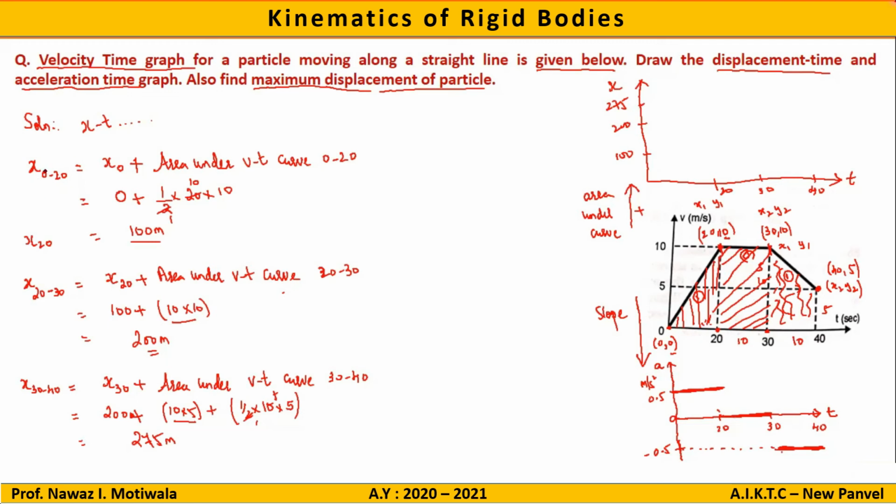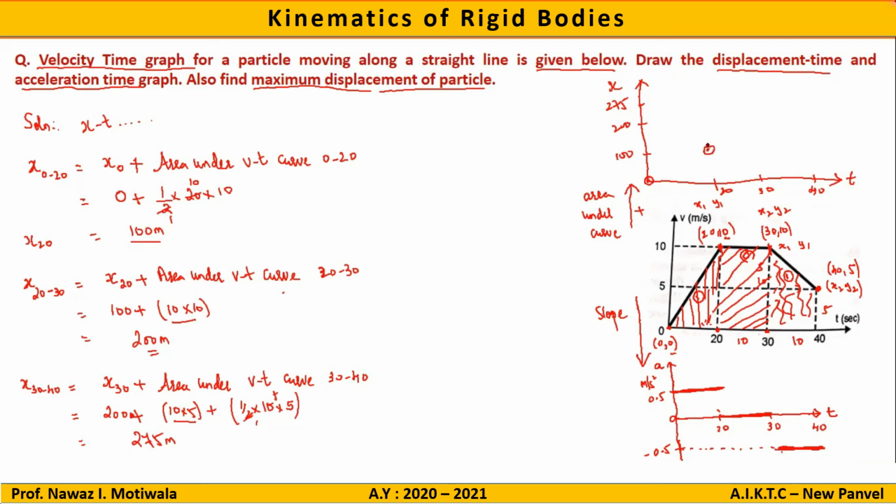Between 0 to 20, the displacement was 100 meters. That means starting from 0 at 0th second, at 20th second, the value was 100 meters. Okay, let me mark the point. At t equal to 0, displacement was 0. At t equal to 20, x was 100.